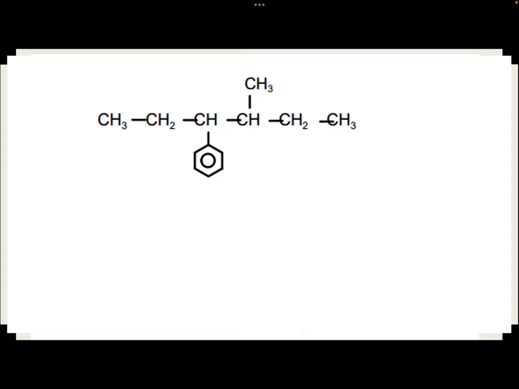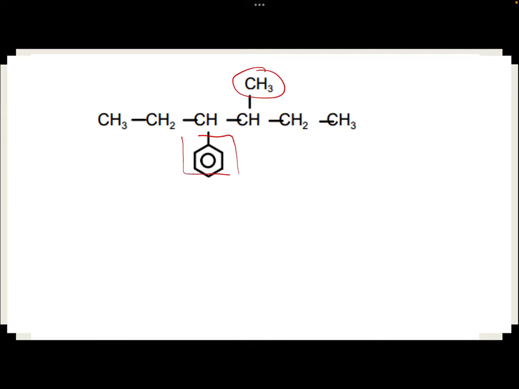This example here is also how we can label it. We have a parent chain going on, and we do have a methyl, but we have this other shape here, and this is where we have our phenyl that we talked about, where it could be a substituent. In this case it is. So because of that, we have to label and name it based off of where our substituent is.